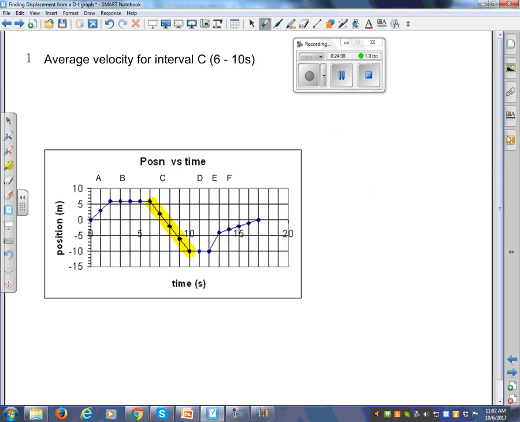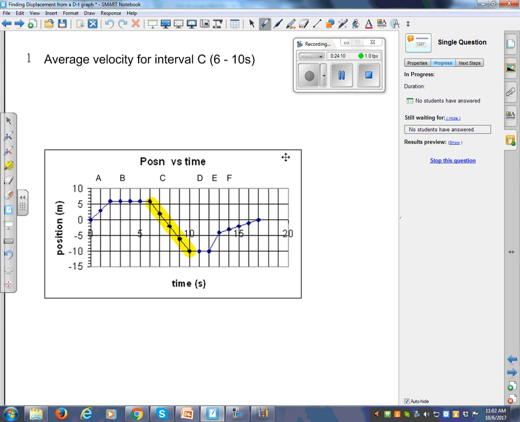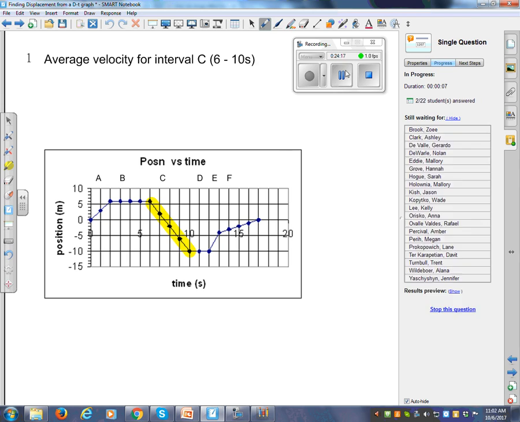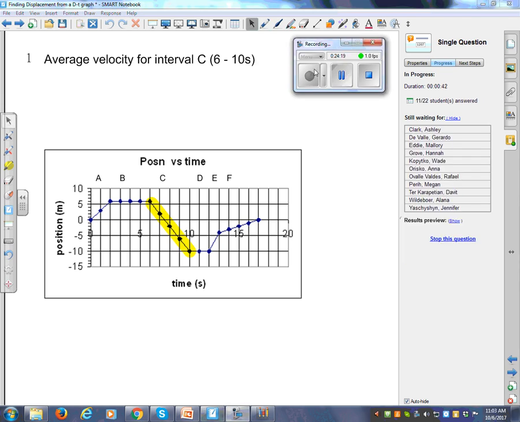Let's try C. From 6 to 10, you're going to take the displacement and divide by the time again. What was the correct answer for the displacement before? Interval C, was it? Negative 16. I think you're right.